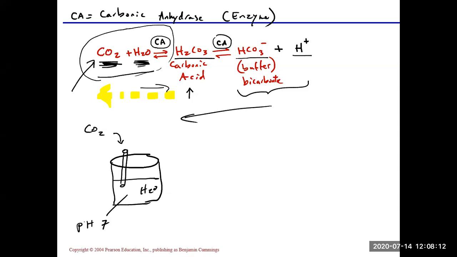Why is it lower? Because it's more acidic. So you just converted carbon dioxide and water to carbonic acid. And if you have the enzyme, or if you leave it long enough, it might dissociate to the buffer, bicarbonate, and hydrogen ion as well. So that's one of the things that you could do.